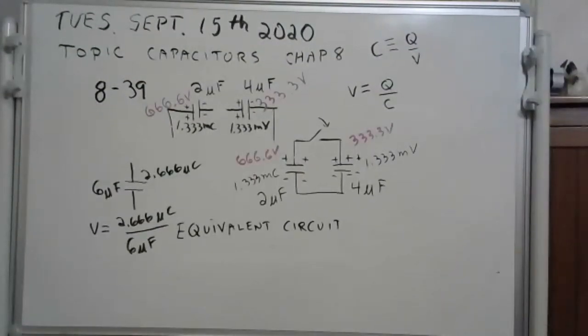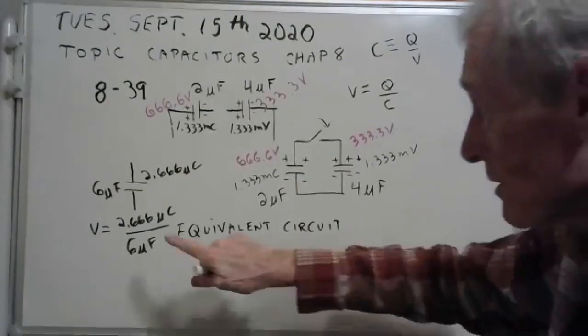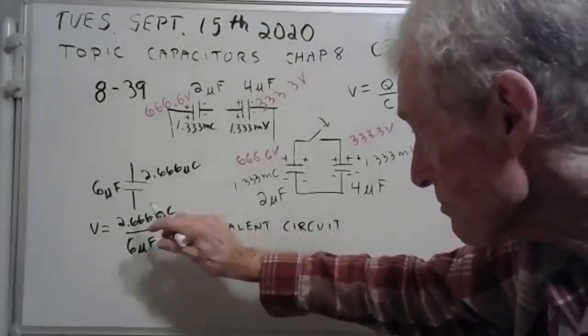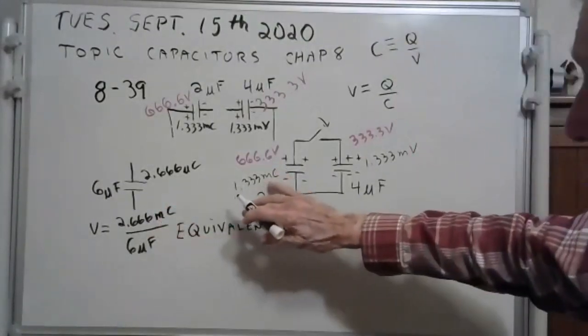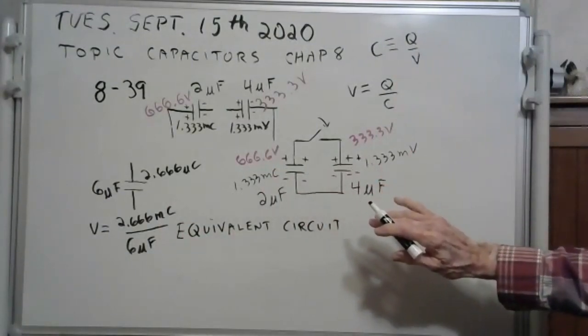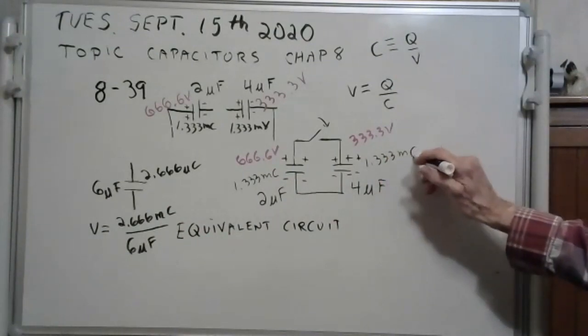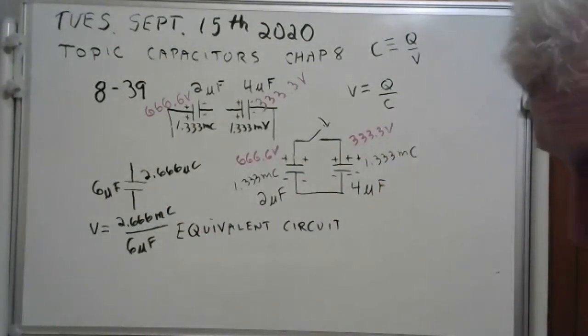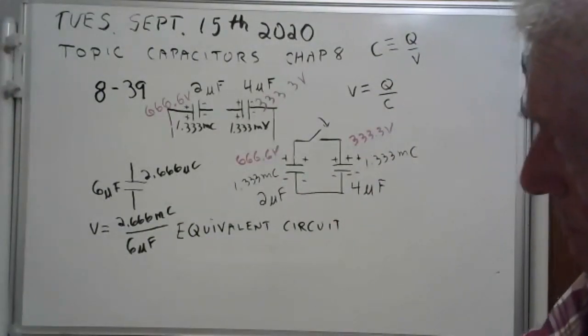Take the charge, which is, no, this is a screw up. It's millicoulombs. There we go. It's 2.666 total millicoulombs. Why did I put volts there? That's not right. I'm making mistakes, guys. It must be getting late or something. But I think we're okay.